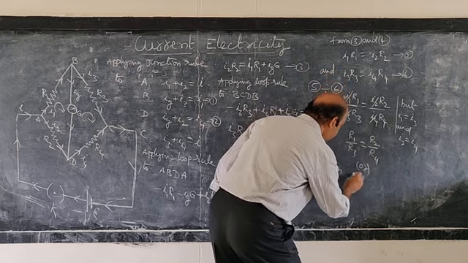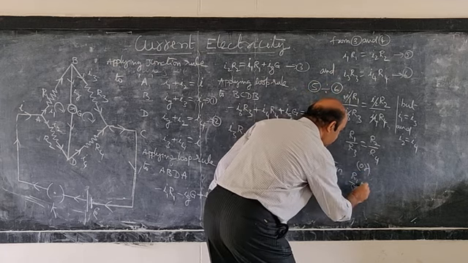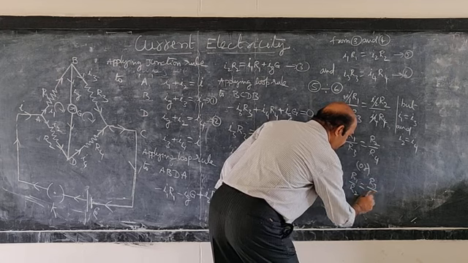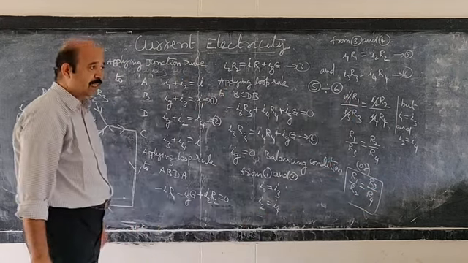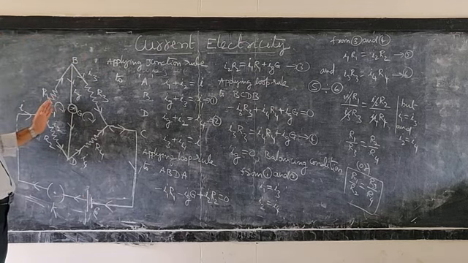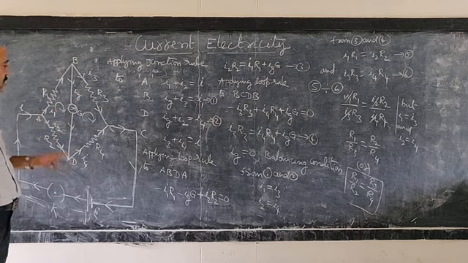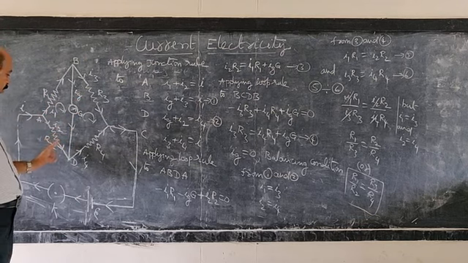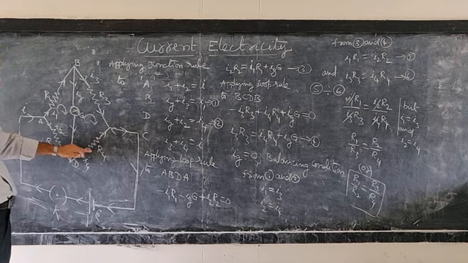You can write R1, bring this R here, take that R3 there, is equal to R4. So both equations tell us that under balancing condition, the ratio of the resistances in the opposite arms are equal. That is R1 by R3 is equal to R2 by R4, and R1 by R2 is equal to R3 by R4.